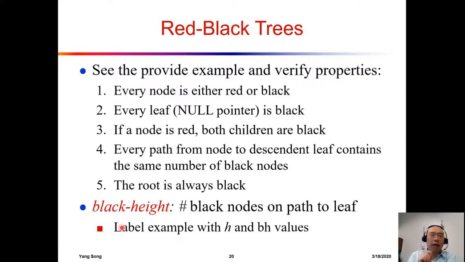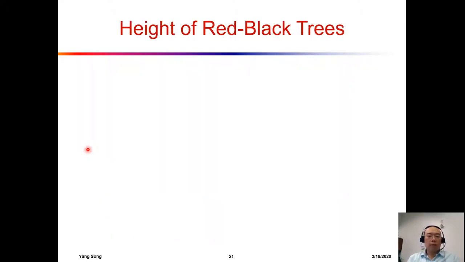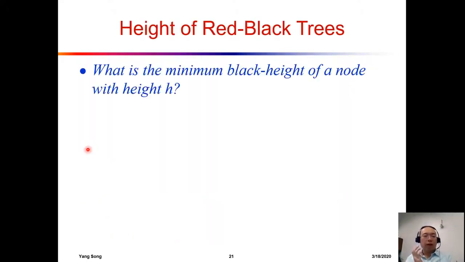So black height of the node is how many black nodes we have to visit from the current node down to a leaf. And based on property number 4, as long as we find one possible path and then count the number of the black nodes, that is the black height.